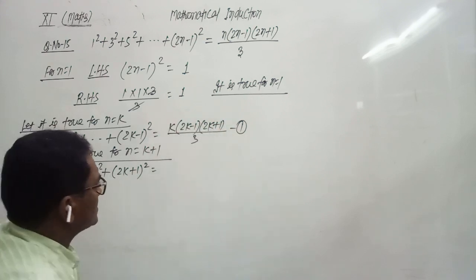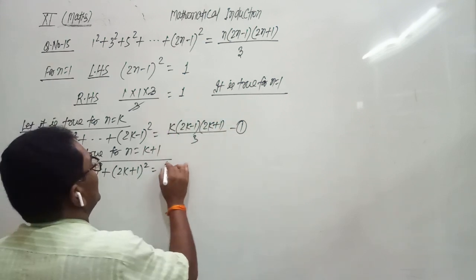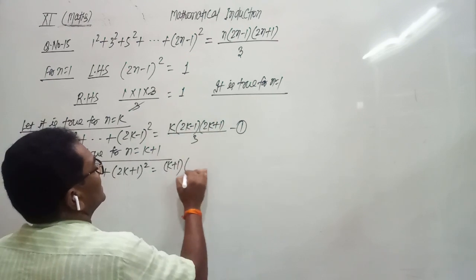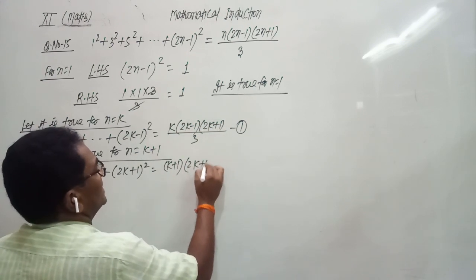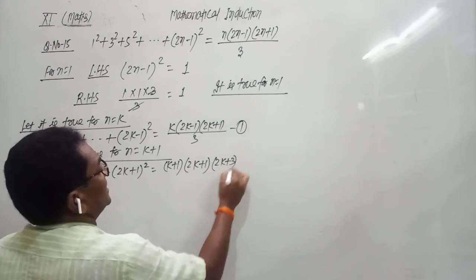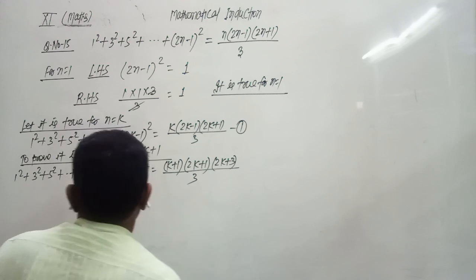And on the right side also replace k by k plus 1. So it becomes k plus 1, 2k plus 2 minus 1, that is 2k plus 1, 2k plus 2 plus 1, that is 2k plus 3 upon 3.